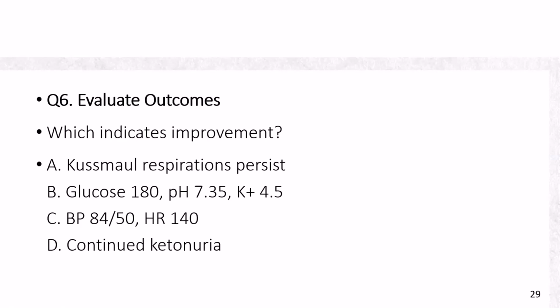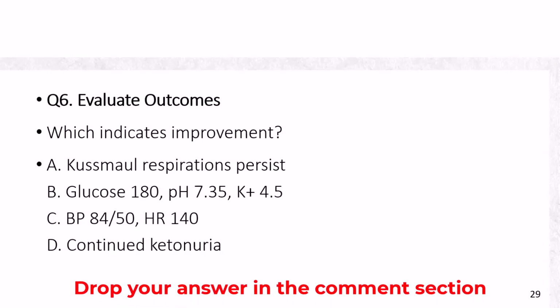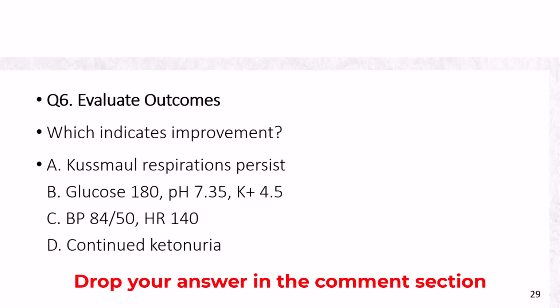So the last question, evaluating outcomes. You've done everything. So what will indicate improvement? What will show that your client is now doing well? Kussmaul respirations persist. So the breathing is still deep. Glucose is now 180. pH is 7.35. Potassium is 4.5. Remember, our potassium used to be 6.5. Blood pressure is still 84/50, heart rate of 140.